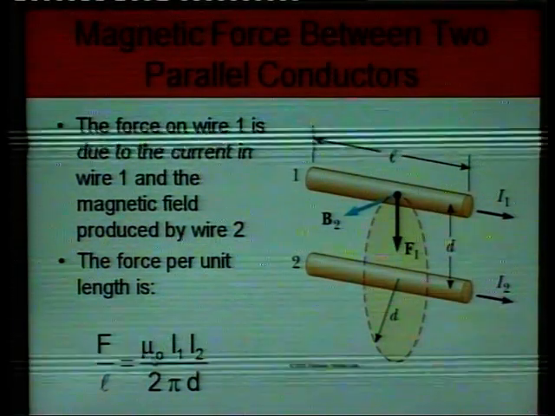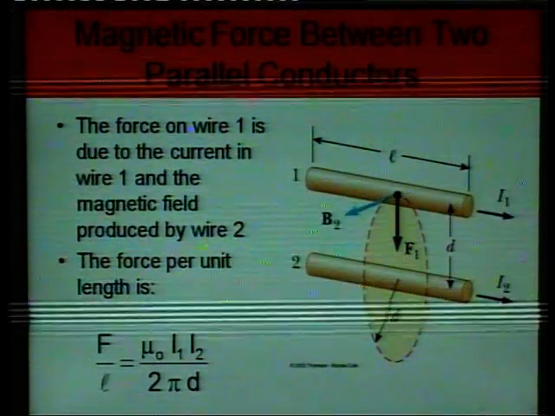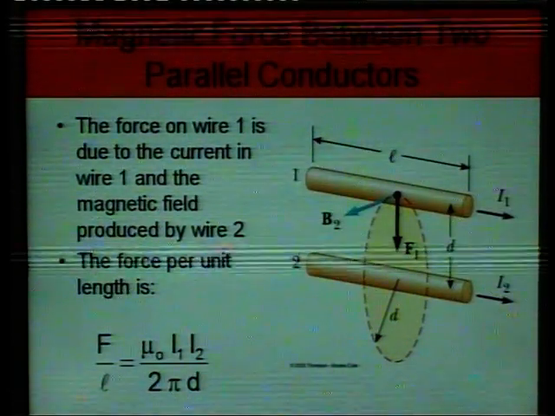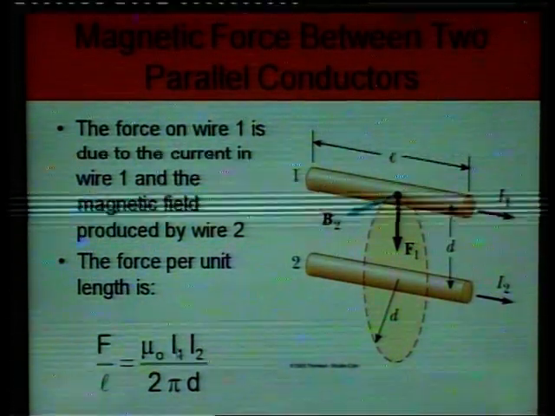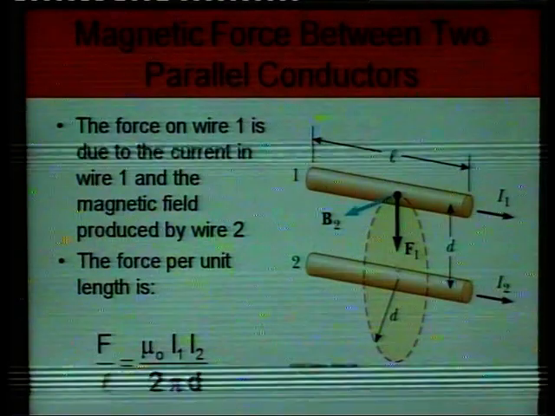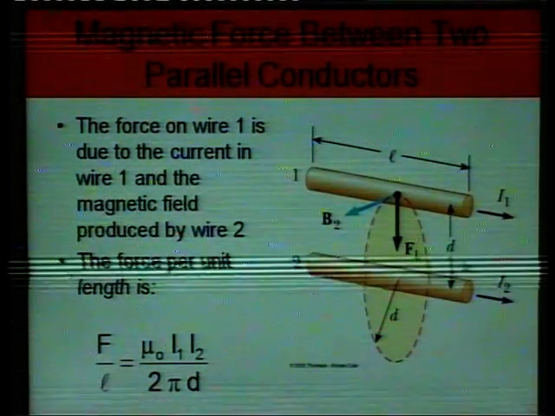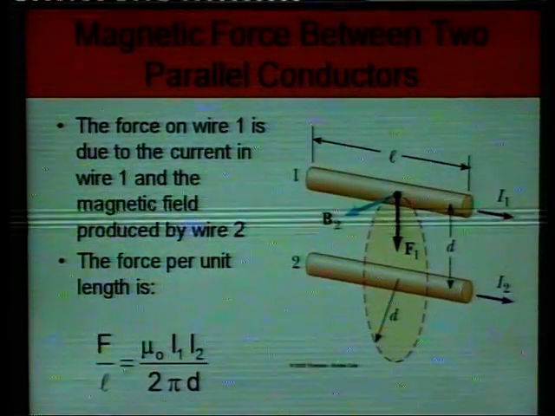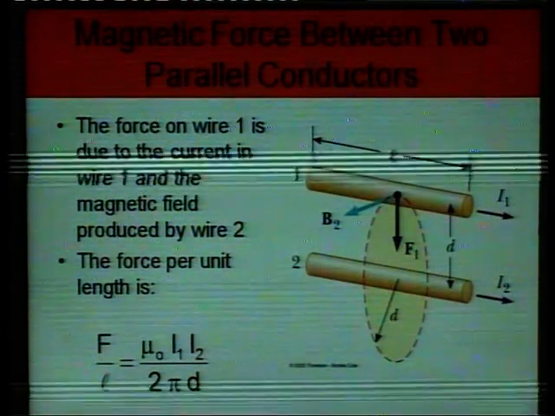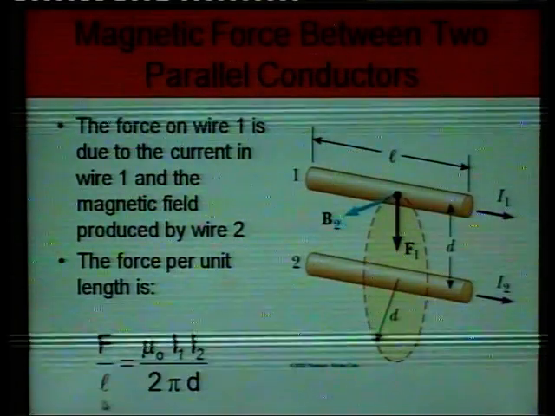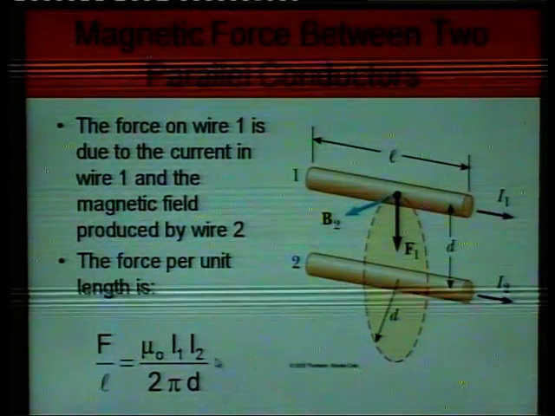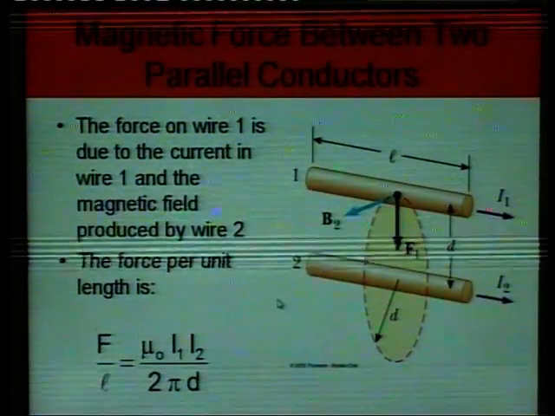Mu naught is a constant, the absolute permeability of vacuum. I1 is current through the first conductor, I2 is current through the second conductor, d is the distance between the two conductors and L is the length. So force per unit length is mu naught I1 I2 upon 2 pi d.